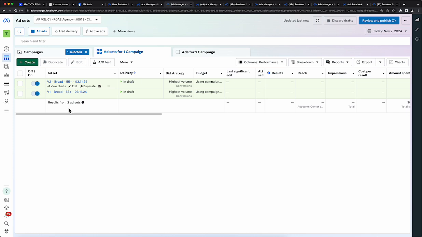So, tangent Tom, but for instance, there was a structure called Sneak Attack. Some people might be familiar with it, Tim Bird. That one campaign structure has been responsible for my biggest days. Millions of dollars made with that one structure. Ultimately, it's a bidding strategy. You have a super high budget with a super low bid cap, and you set accelerated delivery active.